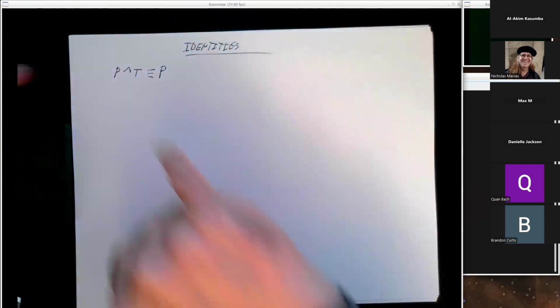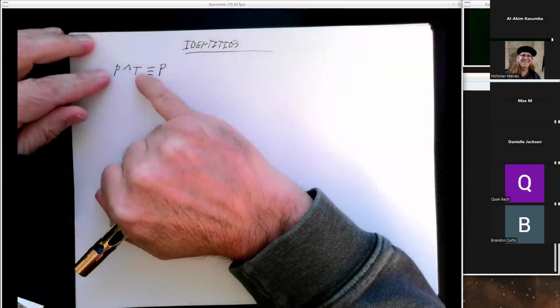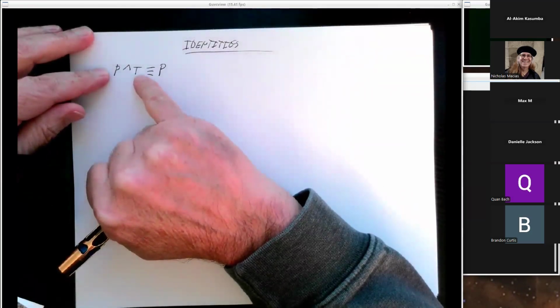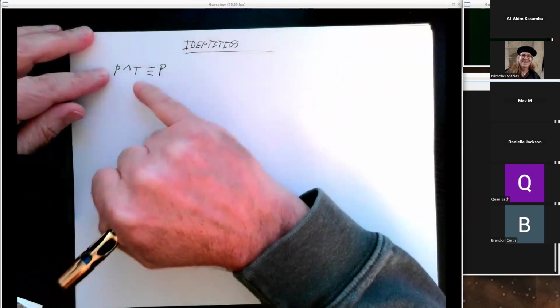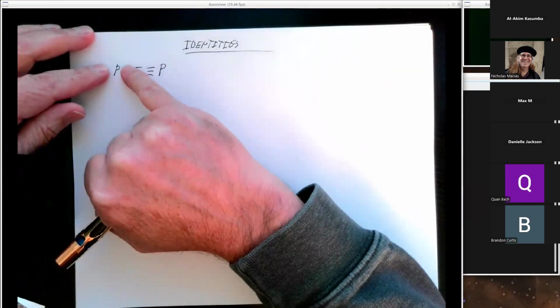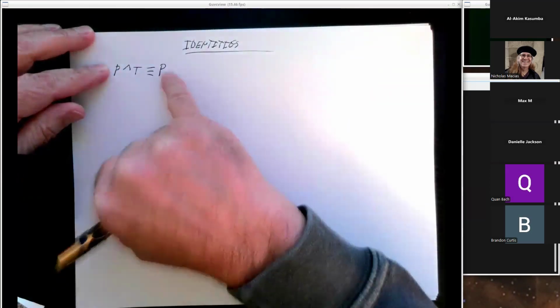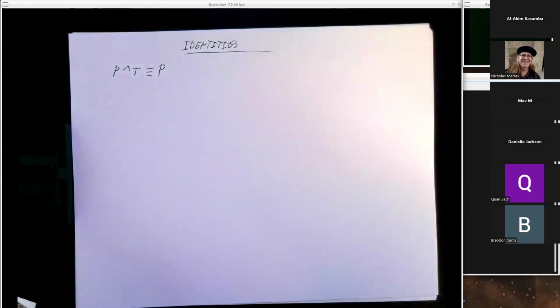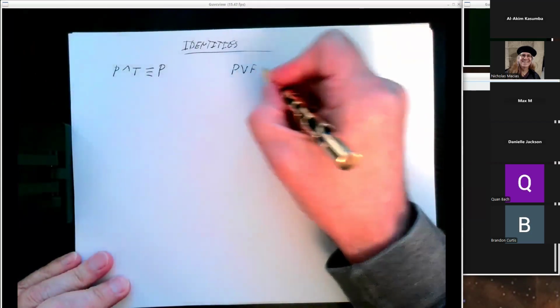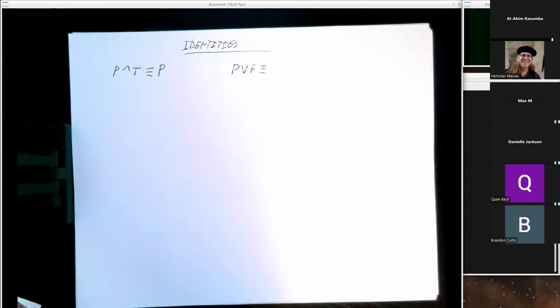Because this proposition will be true exactly when P is true and when true is true. Well, true is always true. That's what it means to be true. So this proposition is true exactly when P is true. That's what it means to say this is logically equivalent to P. What about the disjunction of P with false, P or false?